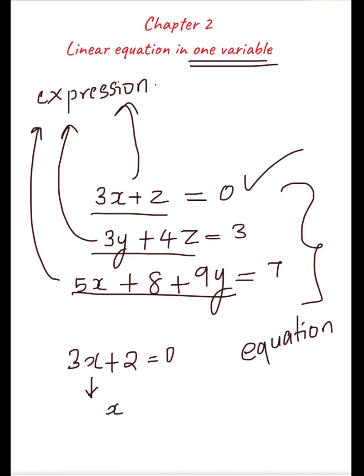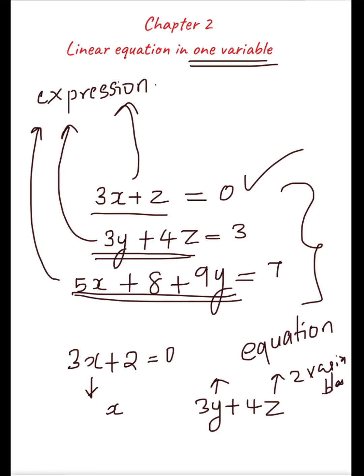But in the second equation, 3y plus 4z, you can see one variable y and another variable z. That means here there are two variables. What about the last equation? Here also you can see x and y. Two variables are there. In this chapter we will be dealing with only equations with one variable.